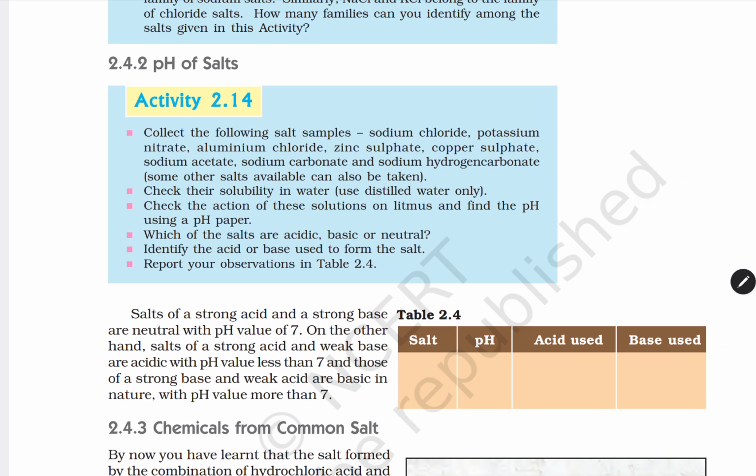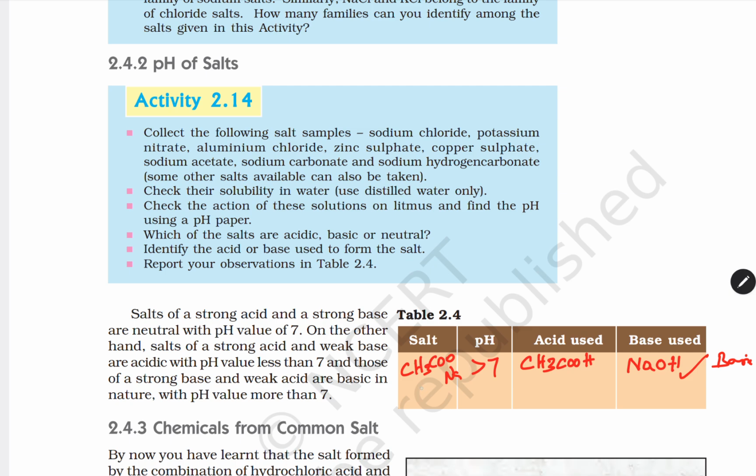For example, if I am taking sodium acetate, CH3COONa, here you observe it is greater than 7 because the acid we are taking is acetic acid, CH3COOH, and the base used is sodium hydroxide, NaOH. Because this is a strong base compared to the acid, you will get a basic nature of the salt.